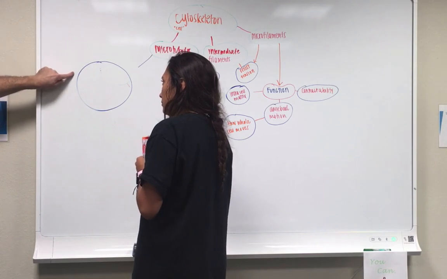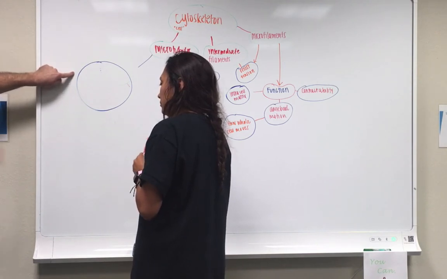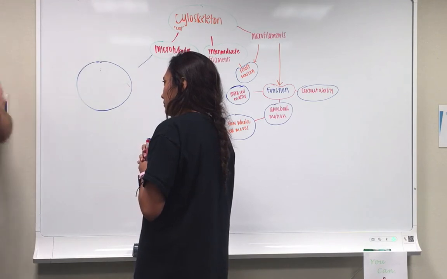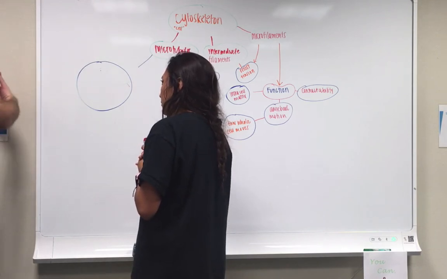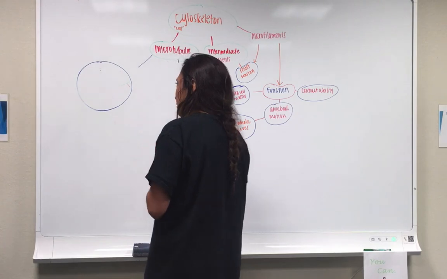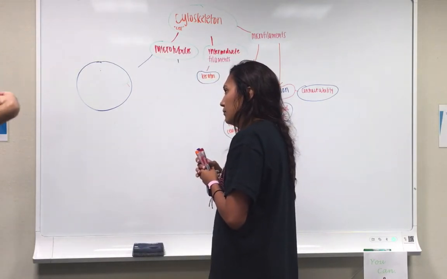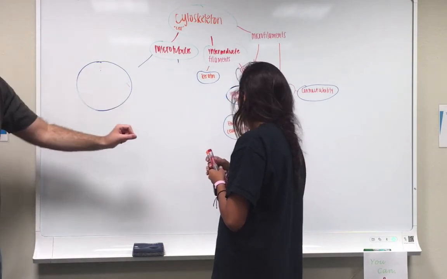And what this cell is going to do is automatically start polymerizing fibers, microfilaments, to push up against this cell here. And if you can imagine a hamster in a ball, if we push up against something, it's going to kind of bulge out. We can actually see that in the video. There's this bulging out that happens. That bulging out is called a pseudopodia, and that is what we're going to mention for amoeboid motion.